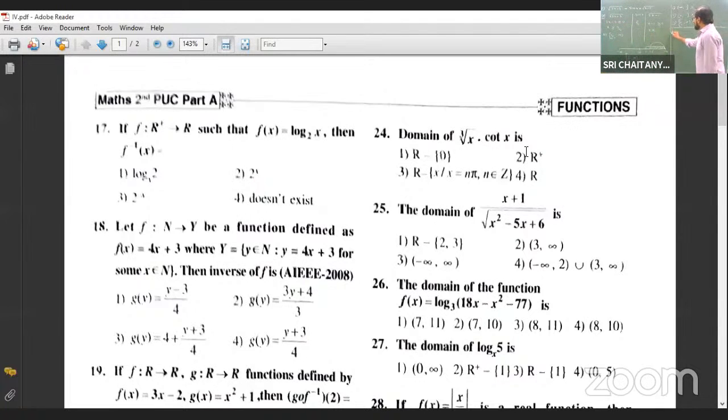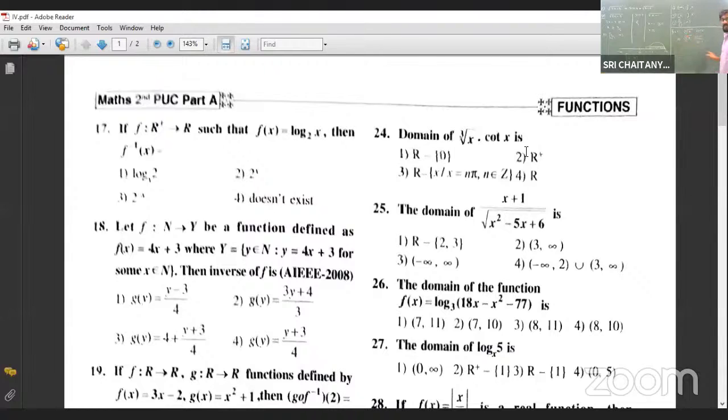See here, f of x is equal to cube root of x into cot x. This is defined for all positive real numbers. Now if you observe carefully, cot x can be written as cos x by sin x.